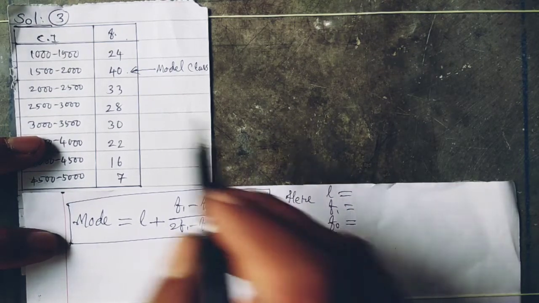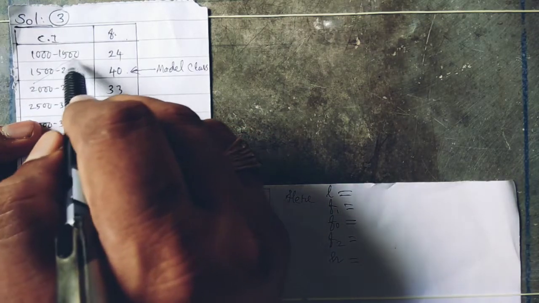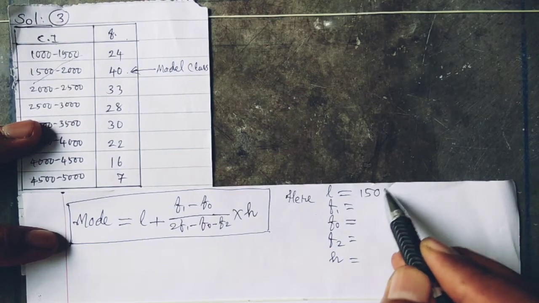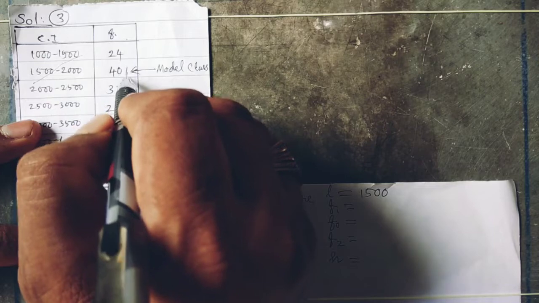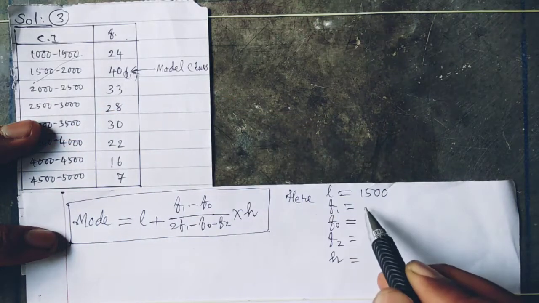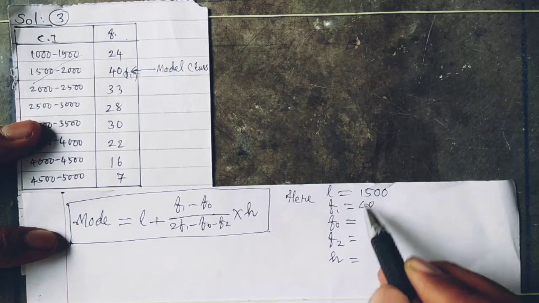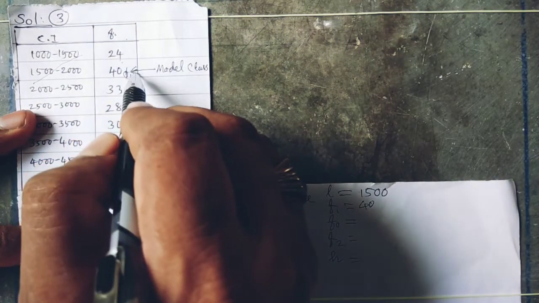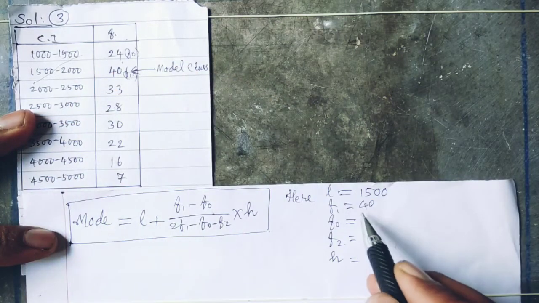First, L is the lower boundary of the modal class, so 1500 is L. F1 is the frequency of the modal class, 40. F0 is the frequency of the class preceding the modal class, so F0 is 24.